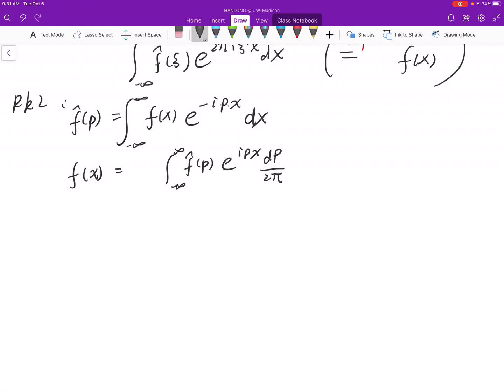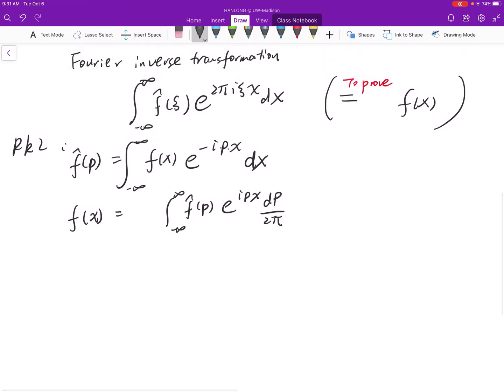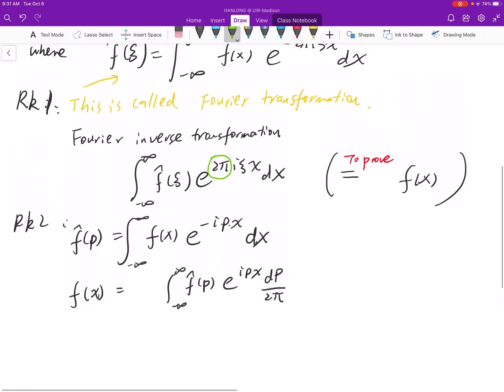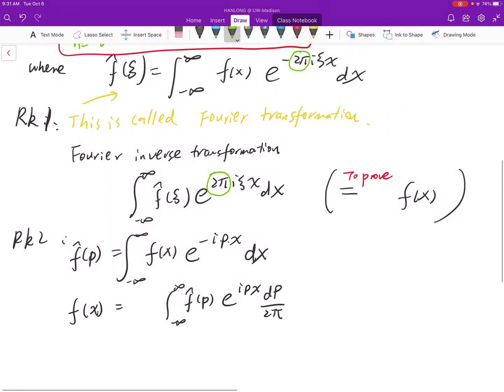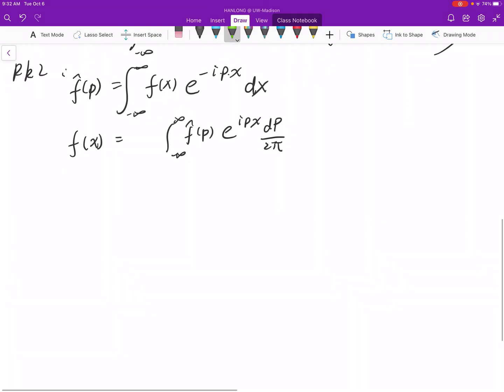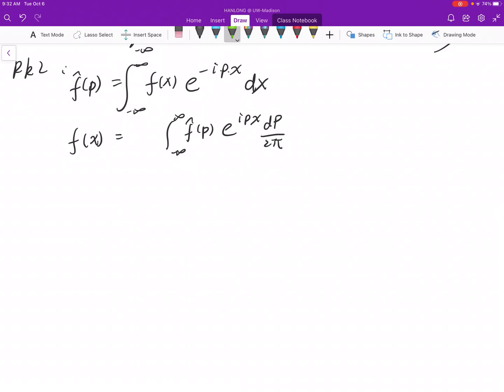But basically, the point I want to make is that in mathematics, you usually have 2 pi in the exponent. The advantage is you don't have the coefficient, so the Fourier transformation and inverse transformation only differ by a minus sign in the exponent. The disadvantage is the exponent is a little bit complicated.